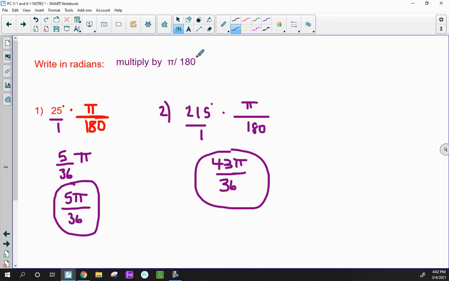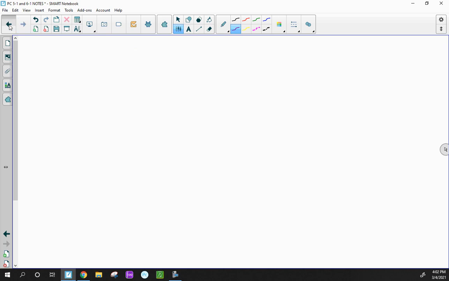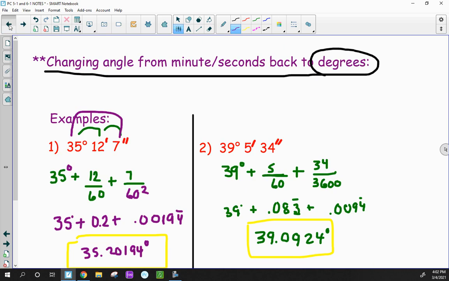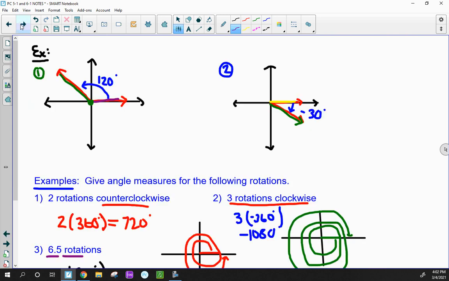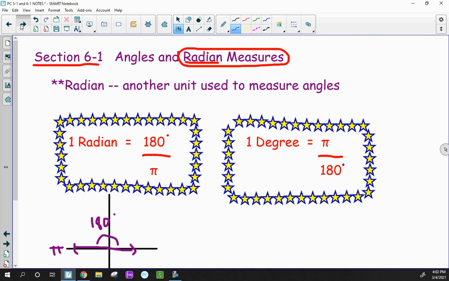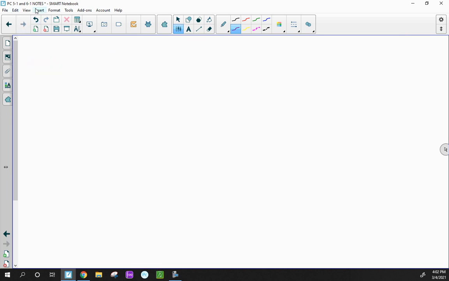Okay, so this you're just going to have to make sure you memorize because we're going to be using degrees and radians forward and backward for the rest of the year. Alright, it is a long section, a lot of learning targets there, so you make sure that you understand the highlights. And we'll continue working on this for a couple days. Okay? Alright, section 5.1 and 6.1.